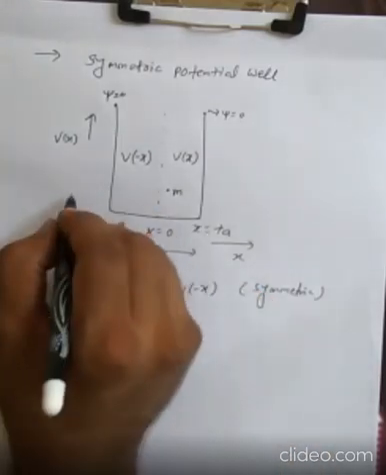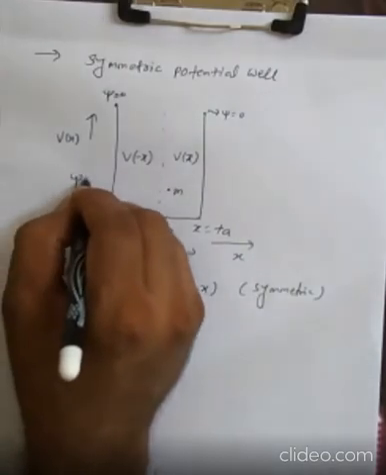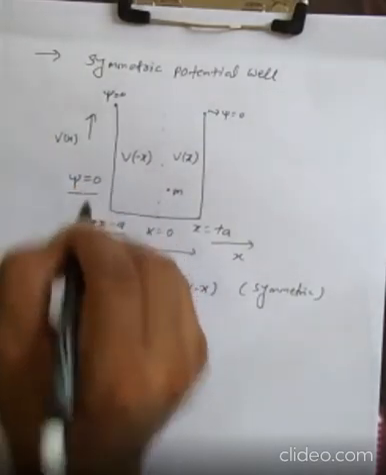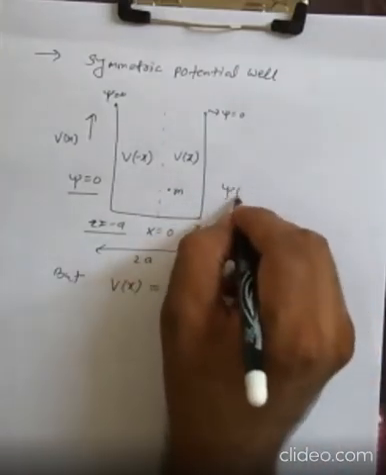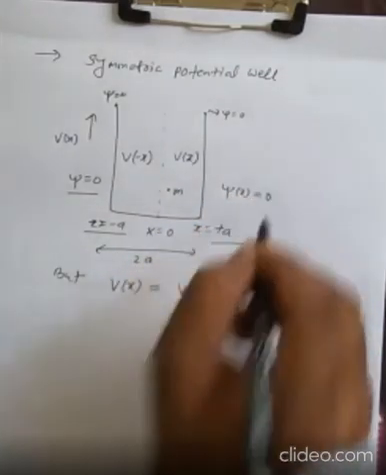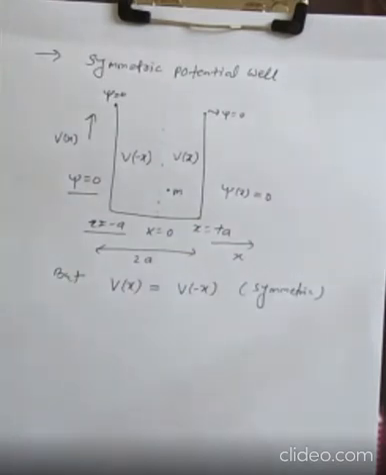So outside this region, definitely the wave function will be 0 because we will not find the particle here in this region. Also, we will not find the particle in this region. Okay, so outside this potential well, we will not find the particle. It means the probability of finding the particle outside this potential well region is 0.